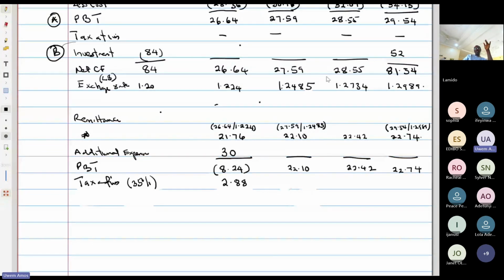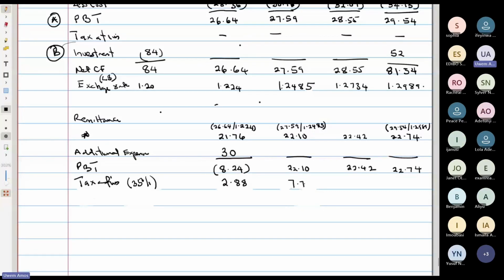So let's do our tax for the rest then. Those ones are pretty straightforward. For 35% of 22.10, what do we have? I need someone to help me with the computation. 7.74. Okay, 7.74. The next, sorry, so we don't make the same mistake we made before. That's a negative because we're paying it.